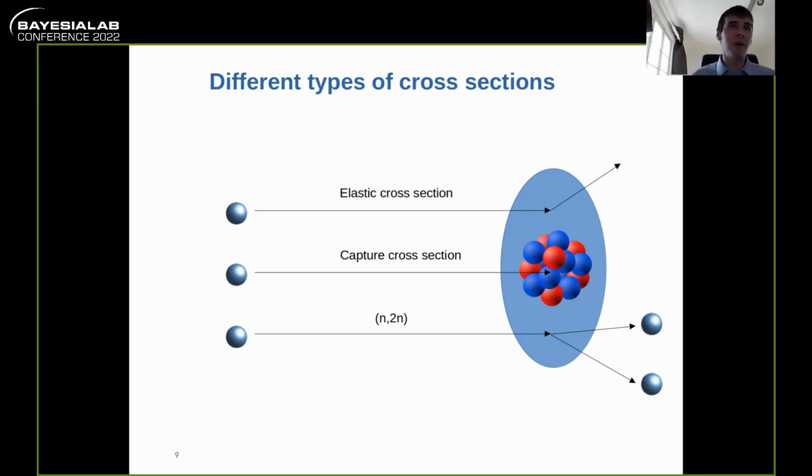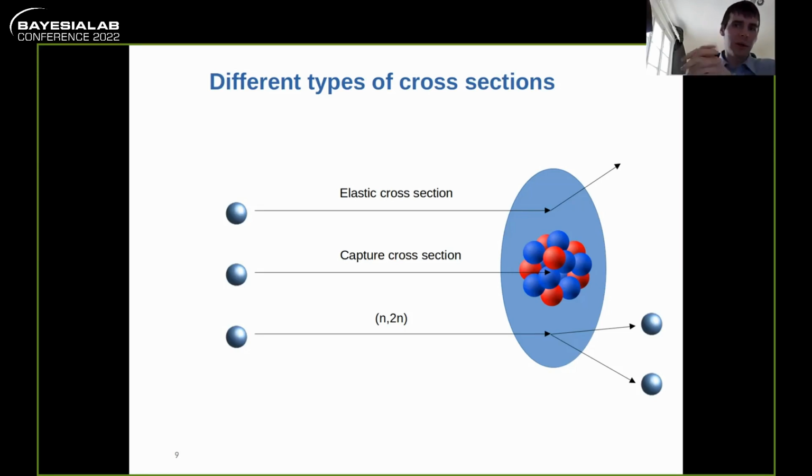The first process is that the incident particle hits the nucleus and is then deflected into some direction without transferring energy to the nucleus. This is called elastic, and the cross-section related to this is called the elastic cross-section. The second process is that the incident particle hits the nucleus and is absorbed.